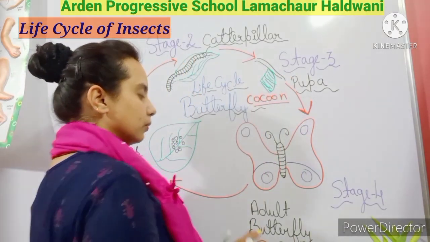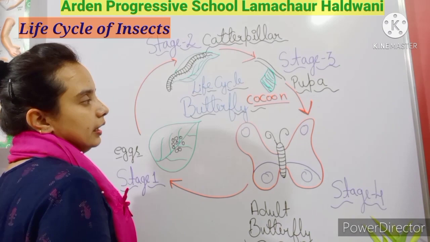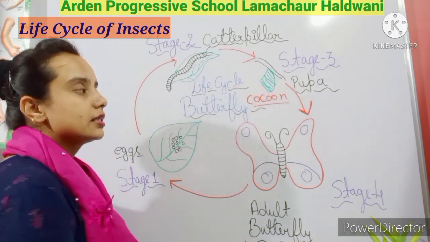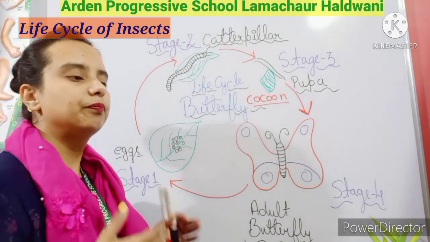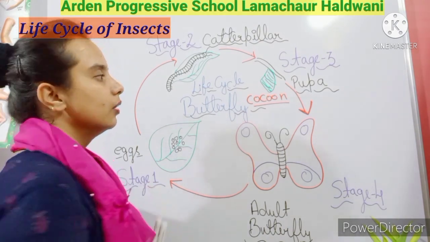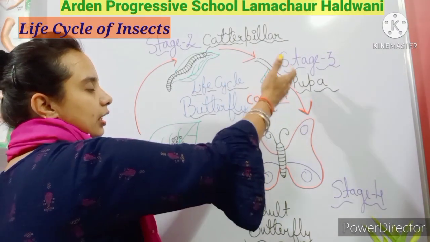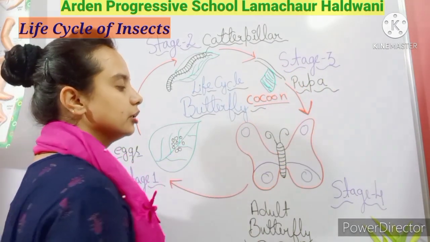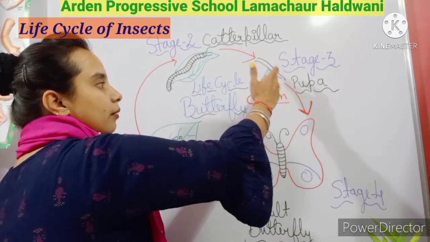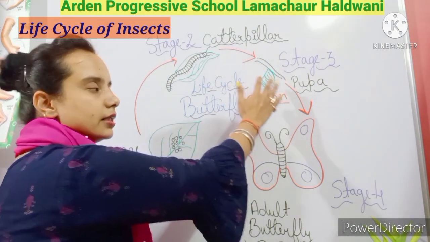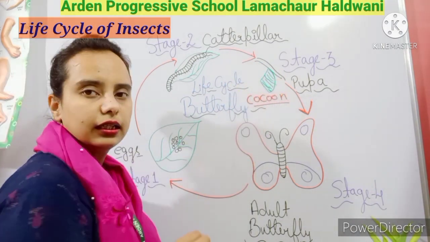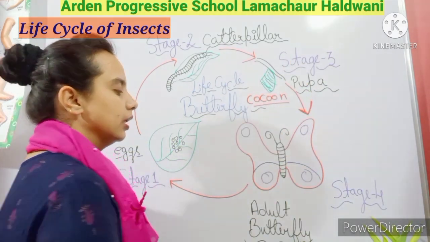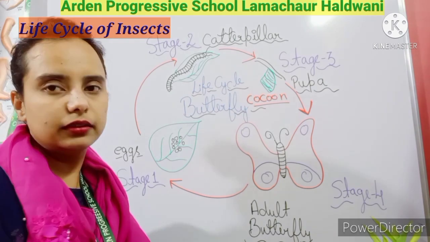In this cocoon they stay in this stage for about 2 to 3 weeks. After completing 2 to 3 weeks, they come to stage 4, meaning they come out from the cocoon, which is a hard shell-like structure, and they come out as an adult butterfly.